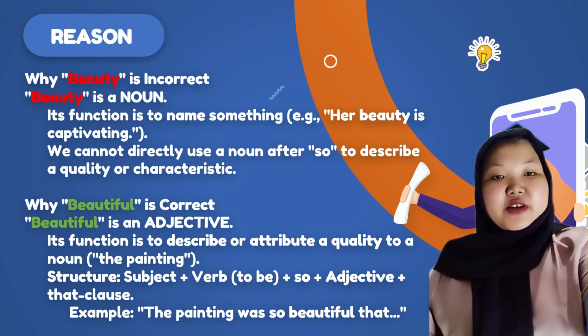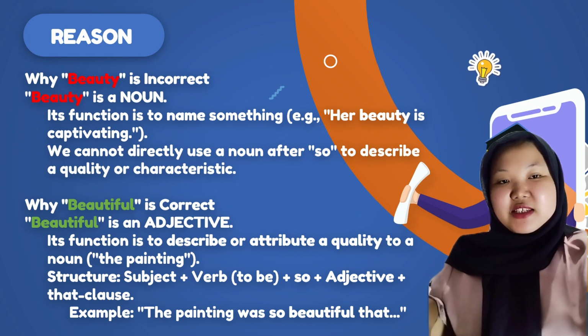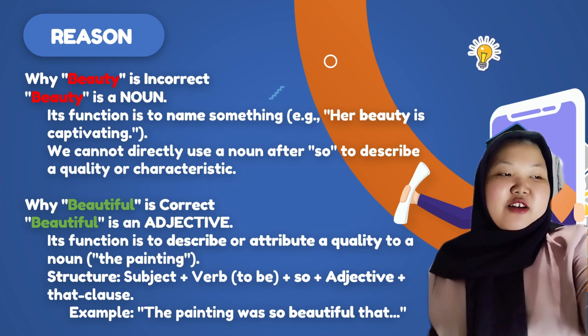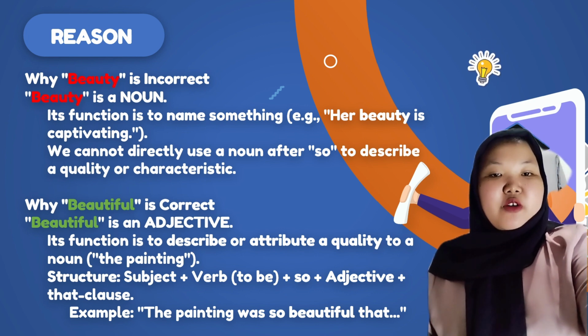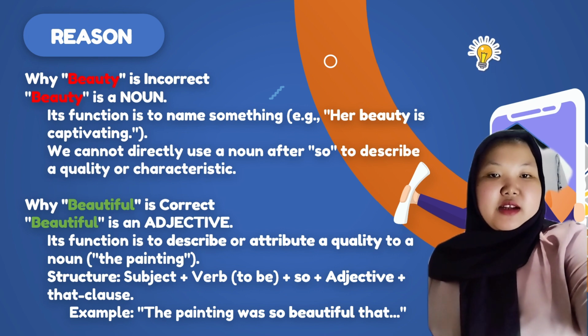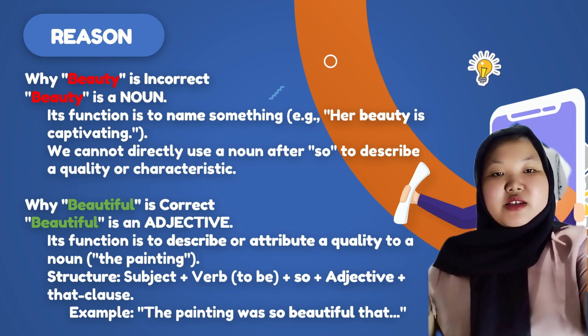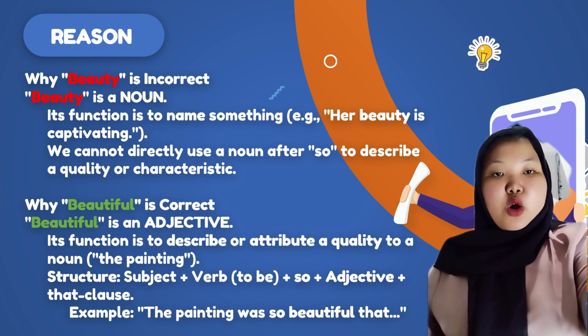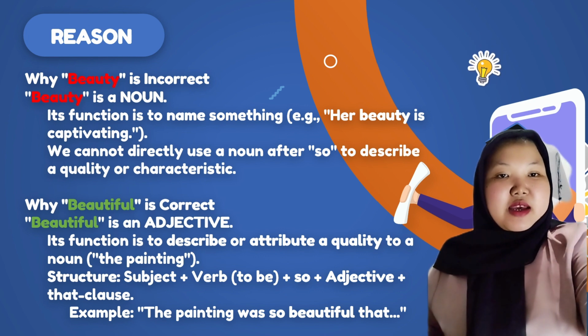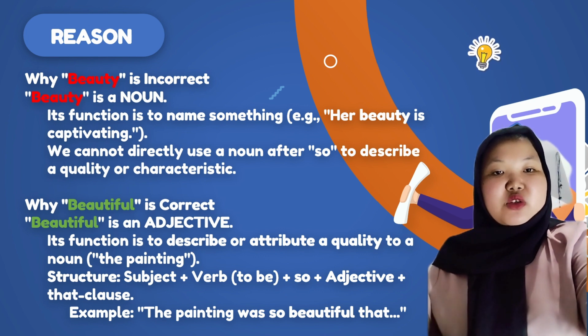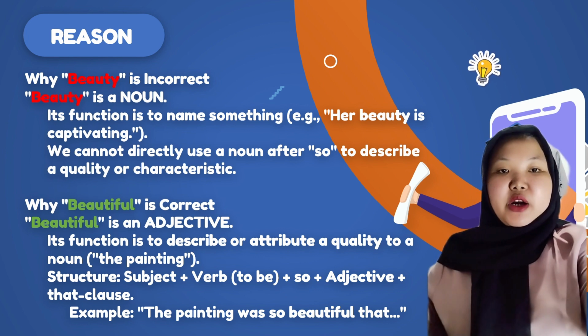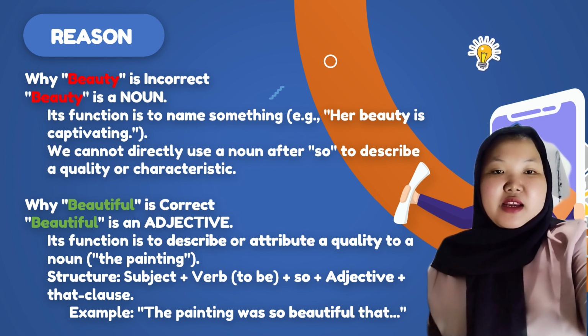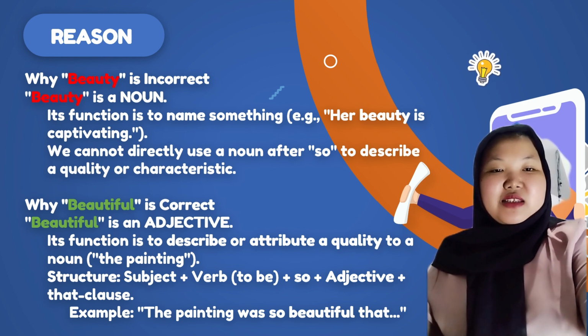It refers to the concept of being beautiful. But in our sentence, the painting was so beautiful that everyone stopped to look at it. We are not naming something, we are trying to describe how the painting looks.